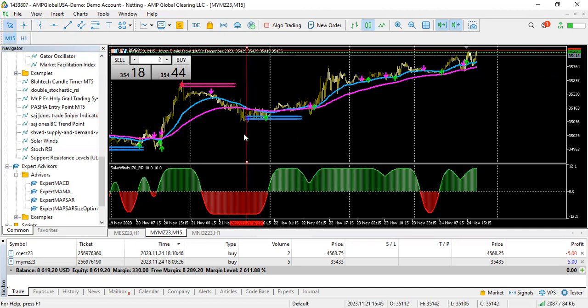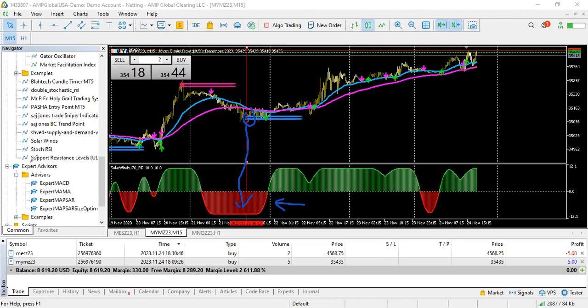So it's like I was saying here, if you got the support here at this point, as you can tell, the solar wind is still below the 0 point. We're still riding below the 0 point.